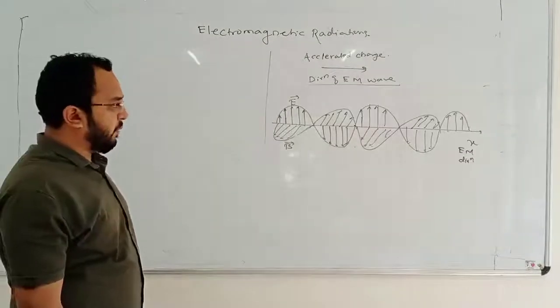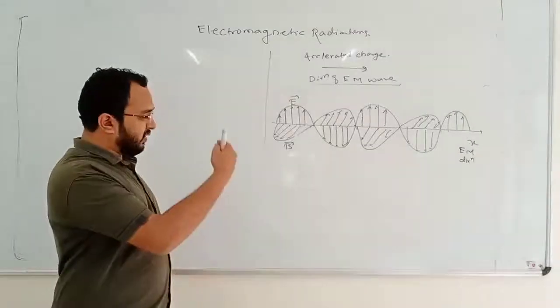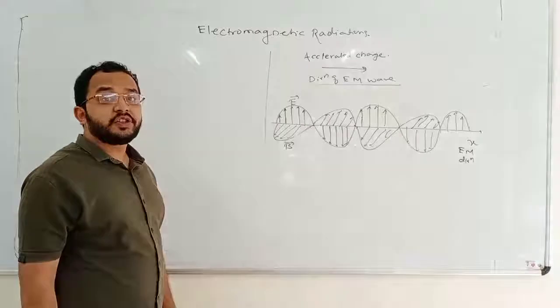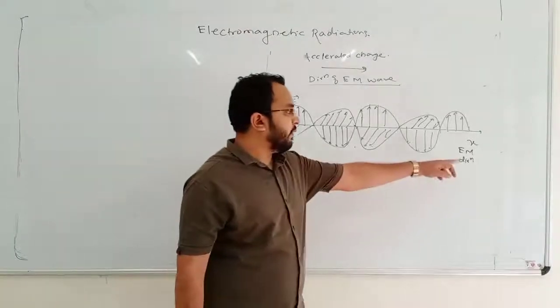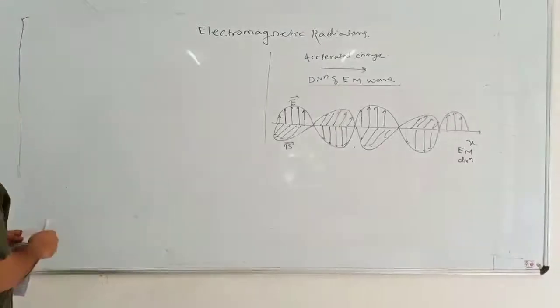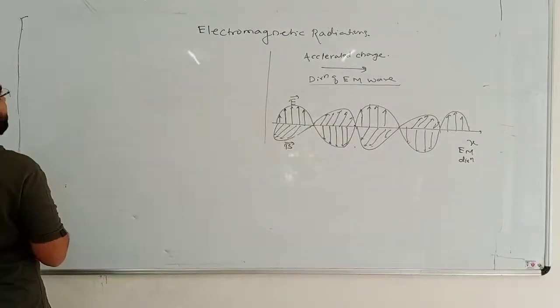Or electric field and magnetic field oscillate transverse to the direction of the electromagnetic wave.